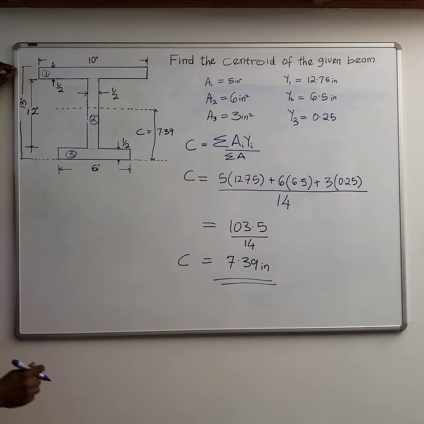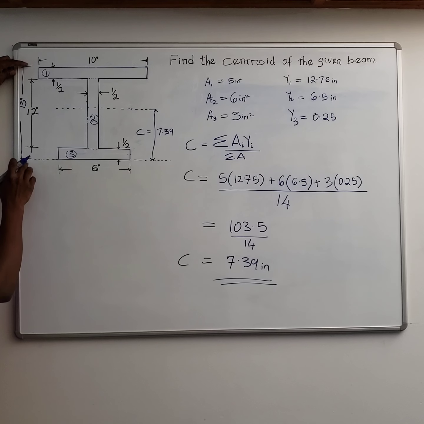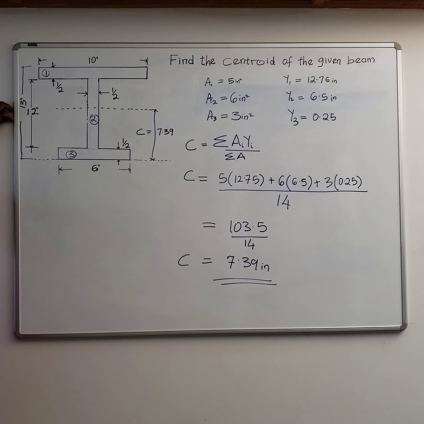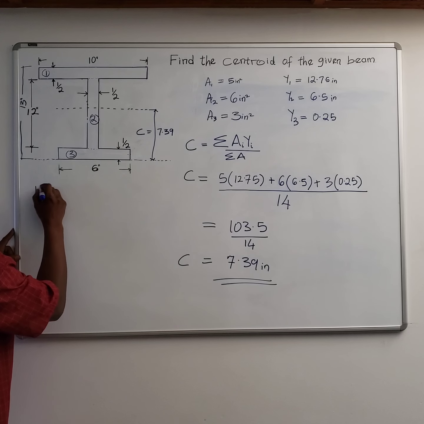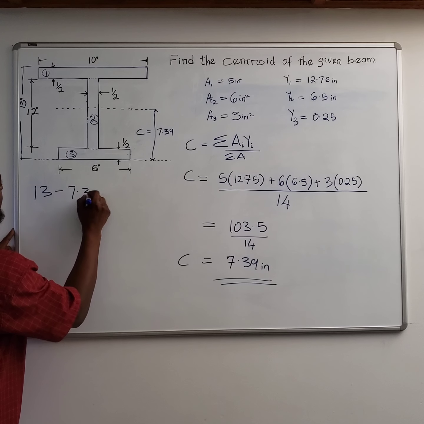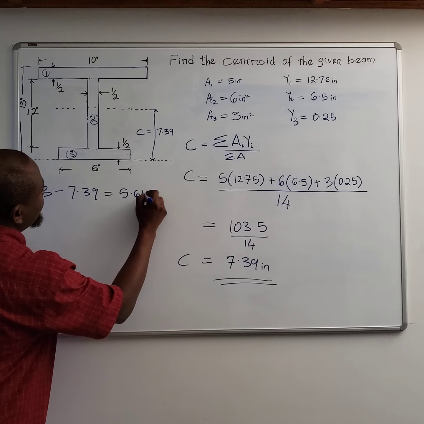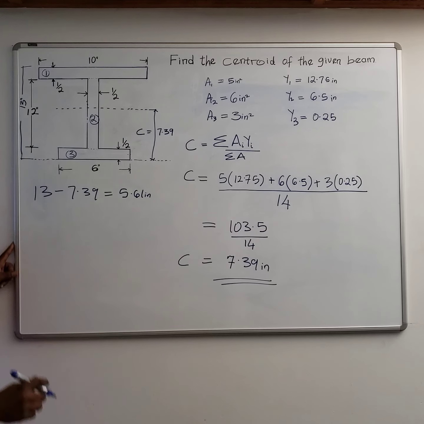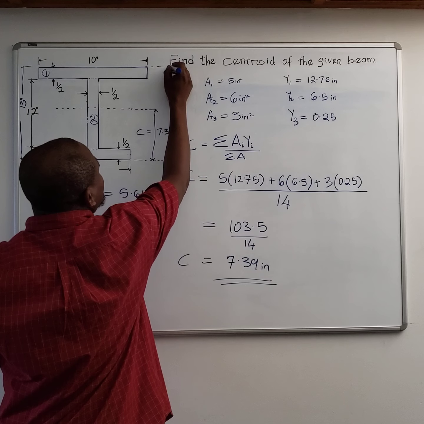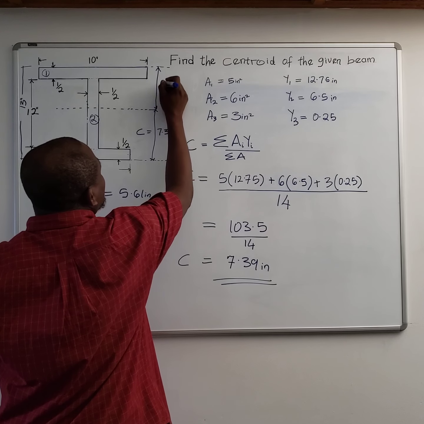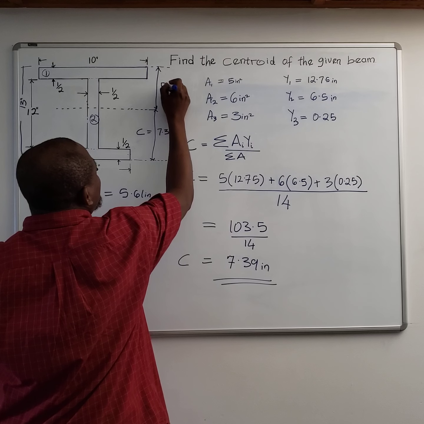And then you know that the depth of the entire shape is 13 inches. So if you subtract this 7.39 from 13, you are going to have 5.61 inches. So this here will be 5.61.